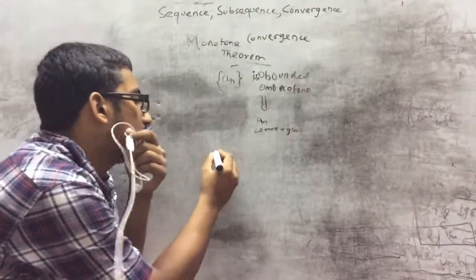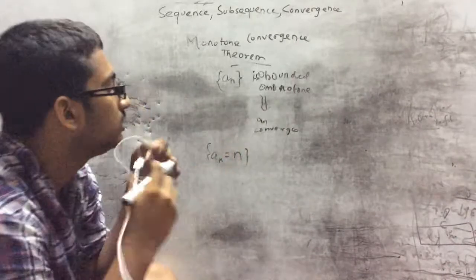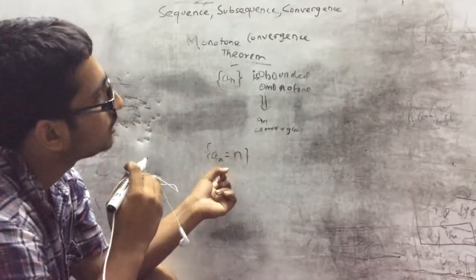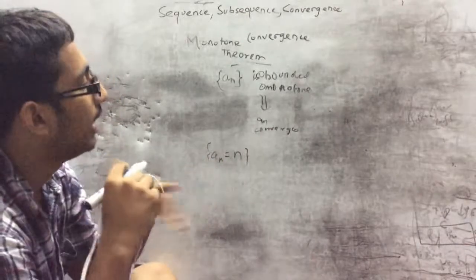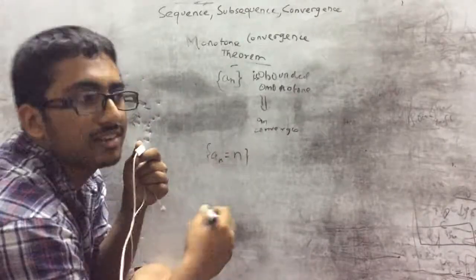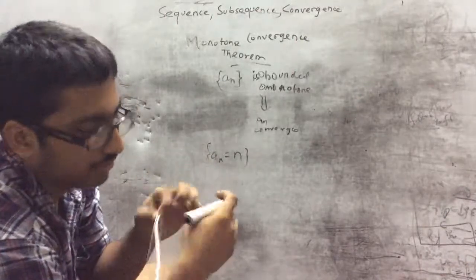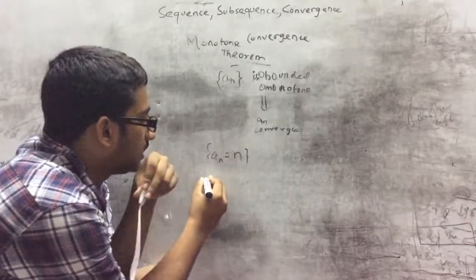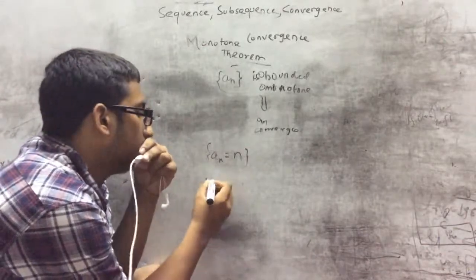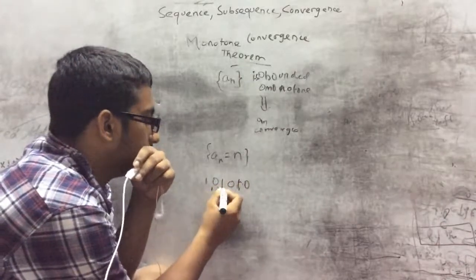So take an example. Suppose a_n = n is monotone, but we have seen that this limit goes to plus infinity. And I will give an example of a bounded sequence that is not convergent. For example, the sequence is 1, 0, 1, 0, 1, 0, this sequence.